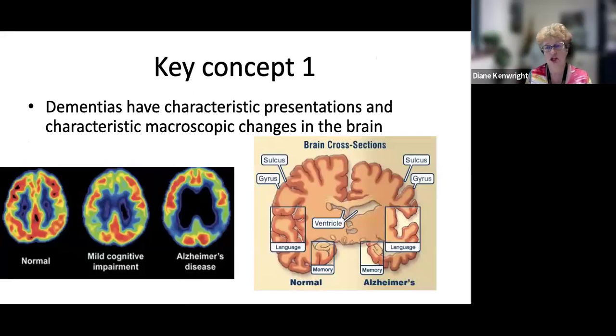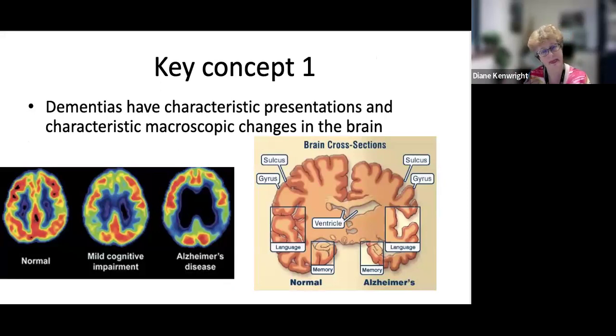So here we go. Dementias have characteristic presentations and characteristic macroscopic changes in the brain. So we're going to use Alzheimer's disease first, as it's kind of the prototype dementia because it is the most common of the dementias.